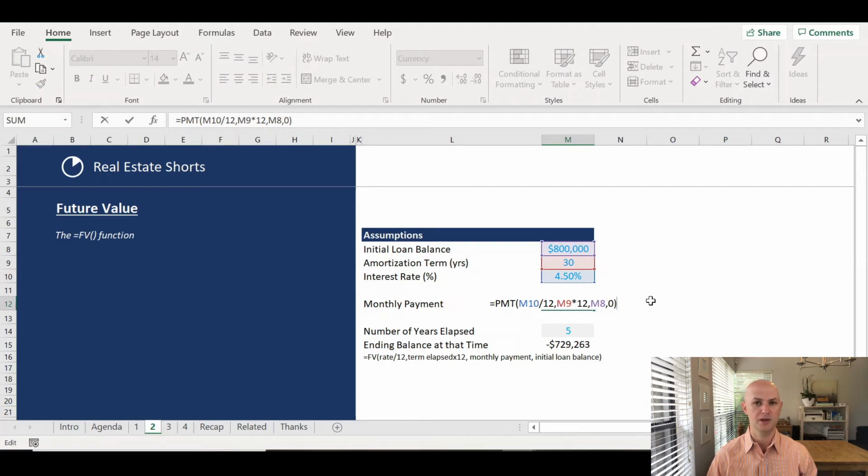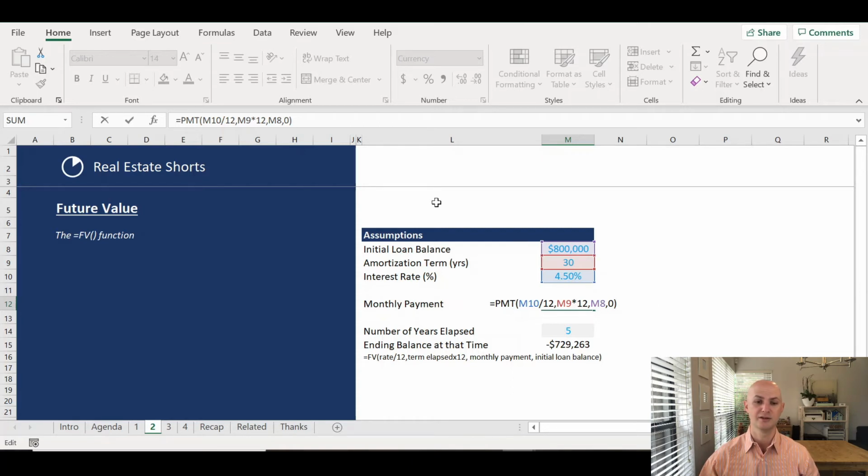We calculate this payment in the same way that we calculate most others. Payment function, where we select the rate, we adjust for the monthly payment periods, so we divide by 12, comma. We have the number of periods in which we need to repay this loan, 30 years. Again, keep in mind monthly payments, so we need to multiply by 12, comma.